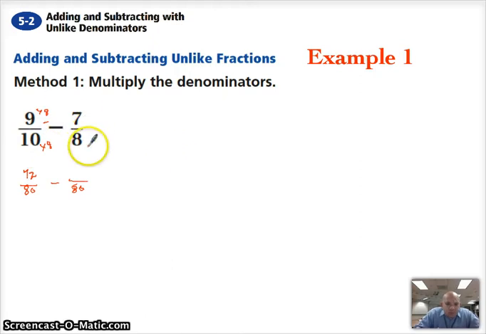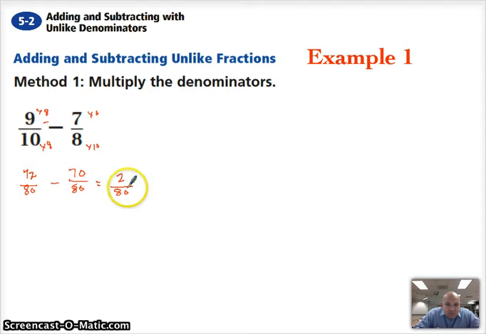And what do we do over here with 7/8? Well, we multiplied by 10. So I'm going to multiply both sides by 10. And what we have here is 7 times 10 is 70. So now we have common denominators. I'm going to put 80 as a denominator because it's a common one. And then I'm just simply going to subtract the numerators. 72 subtract 70 is 2/80.